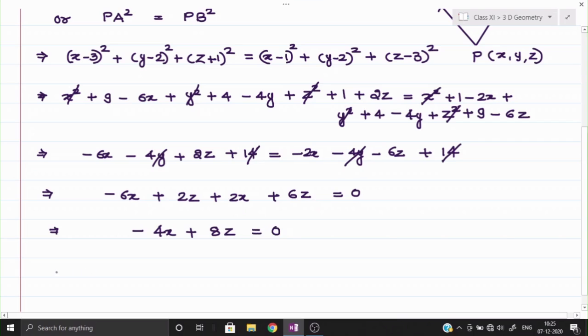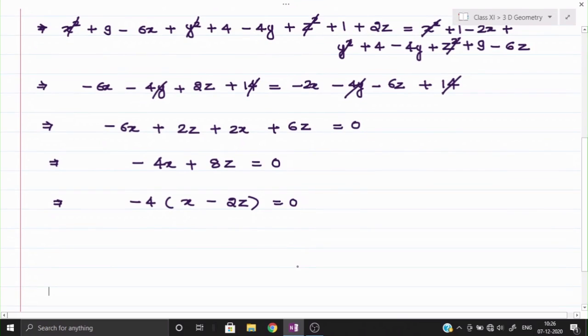Now we can take minus 4 common from here. If I take minus 4 common, the remaining is x minus 2z equal to 0. So we can say that minus 4 goes to the denominator of 0, and we will get x minus 2z is equal to 0, or we can say that x is equal to 2z.